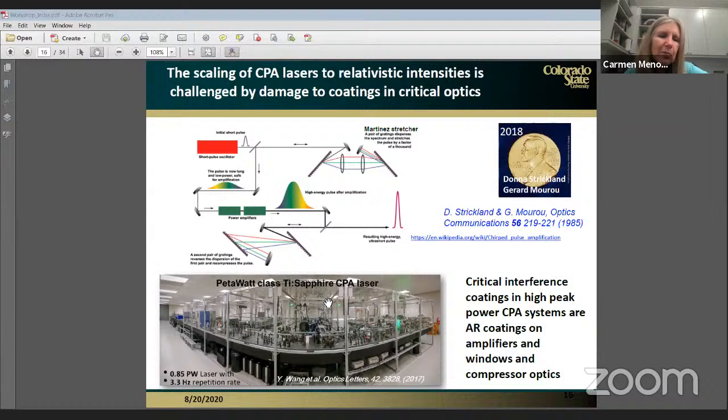This is an example of a petawatt class titanium sapphire chirp pulse amplification laser system that has been developed in our group. I don't do this work; my colleague Jorge Roca does this work. But we actually developed the coatings for critical components in this chirp pulse amplification system.